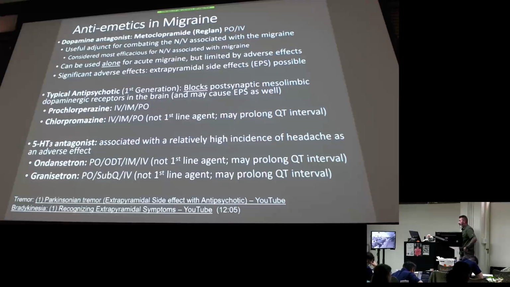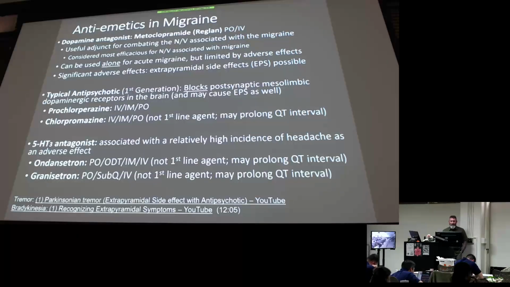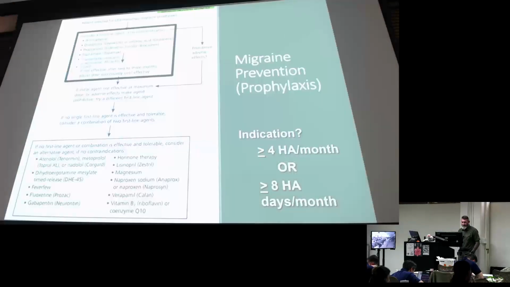So using an antiemetic for a migraine headache when it has an adverse effect of headaches is not your first go-to, right? So be aware of what your first line for N and V associated with migraines are. And the significant adverse effects, which this should be a repeat. You should have heard of it a few times with the dopamine antagonist. I know you got it in the GI portion of Pharm.